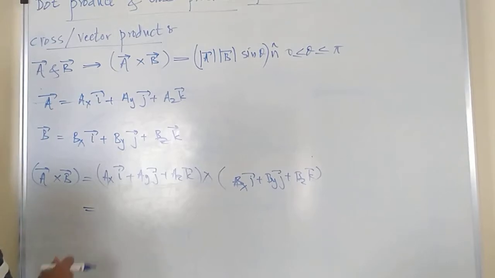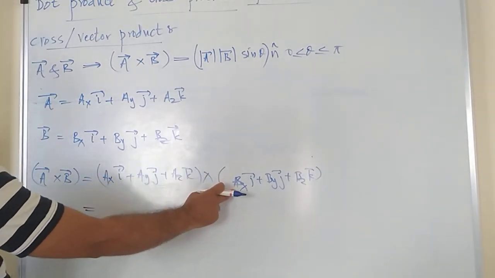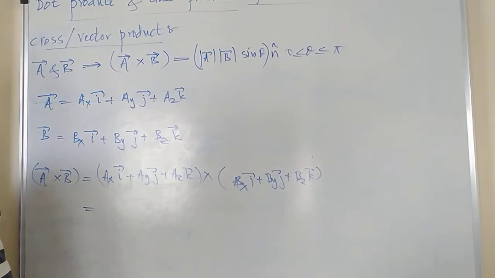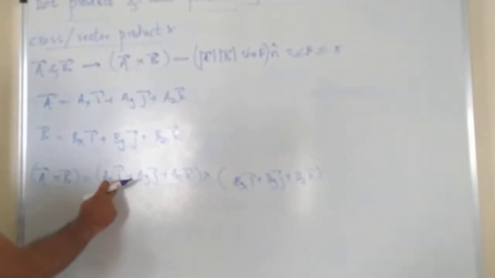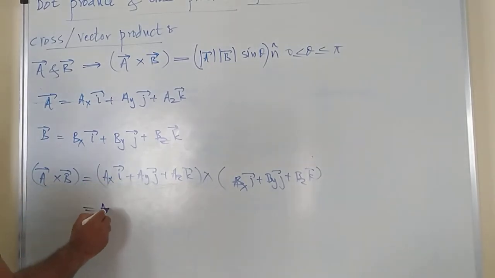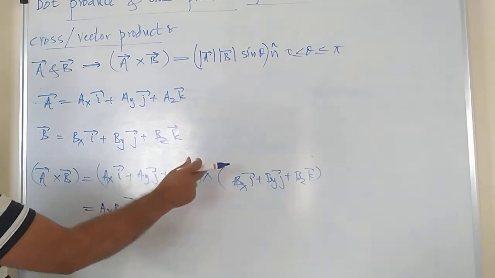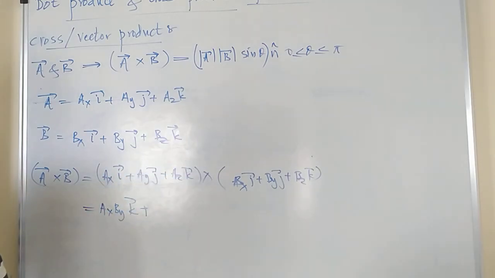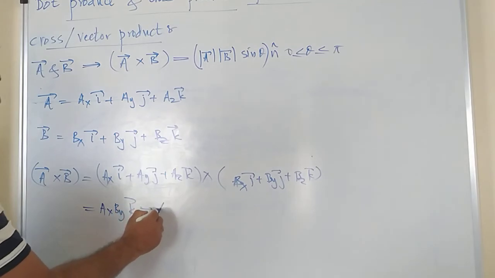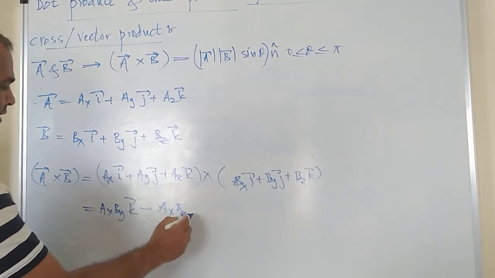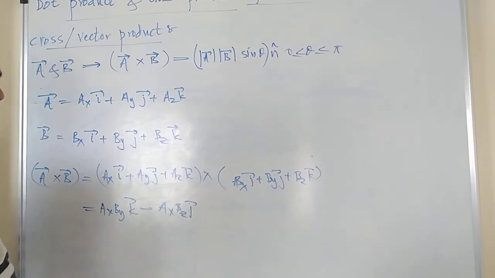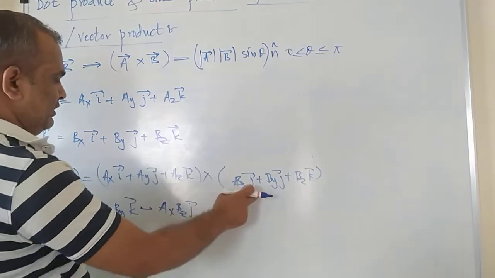How to take the cross product of two vectors? ax bx into i cross i is 0, i cross j is k, so ax by k bar, plus, now third term, i cross k is minus, no? So minus ax bz j. Got it? Now multiply by this bracket.